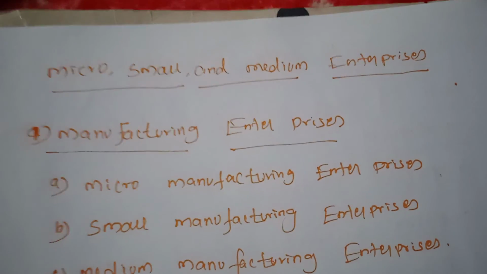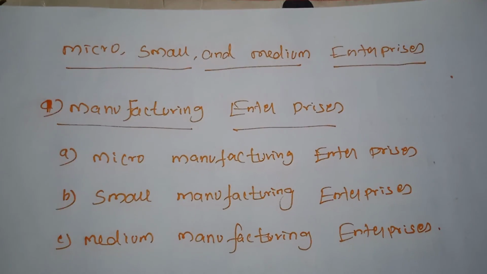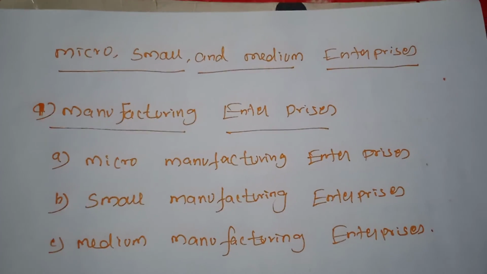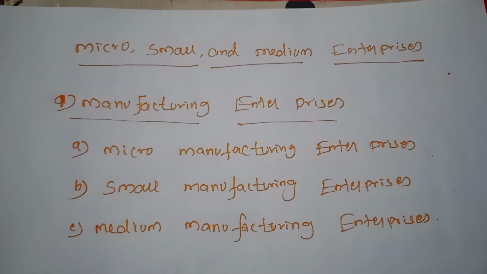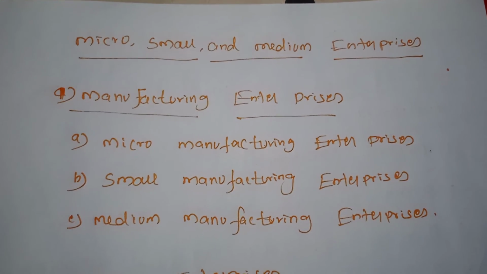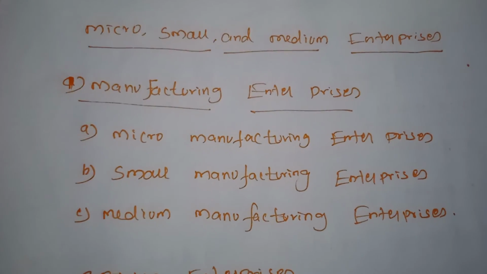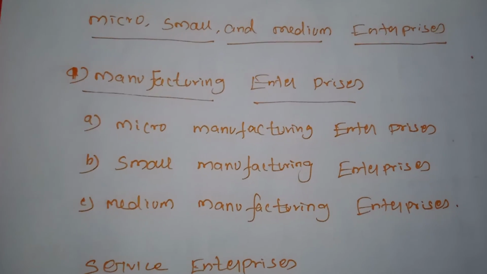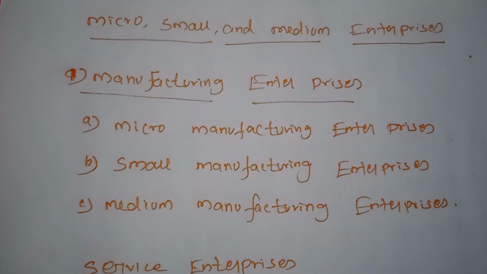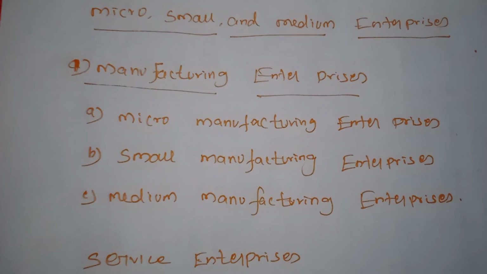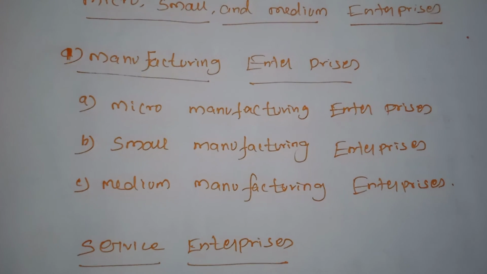Next, micro, small and medium enterprises. The micro, small and medium enterprises have also been given importance by the governments. The small, medium and micro level enterprises are classified into three types.